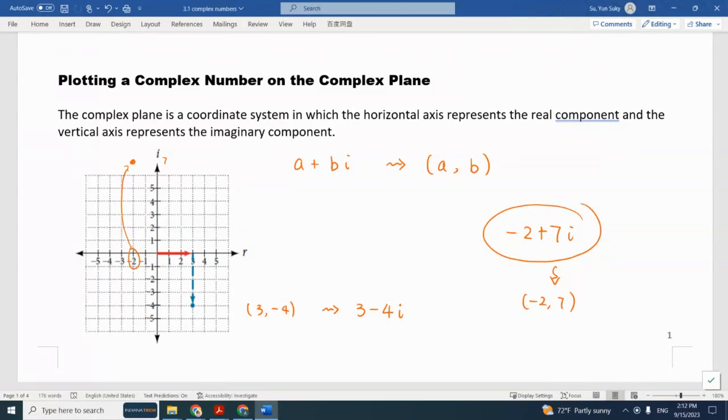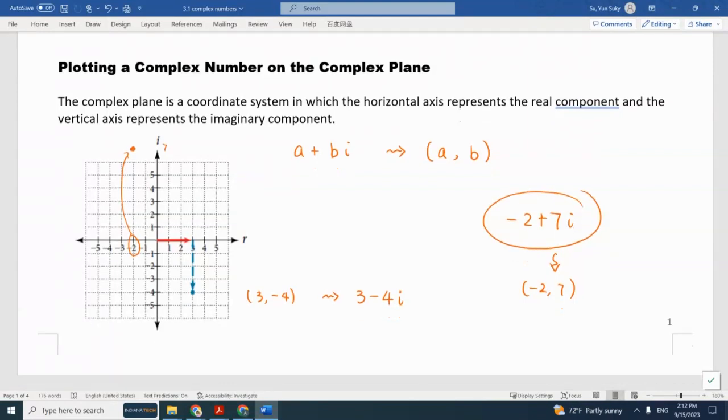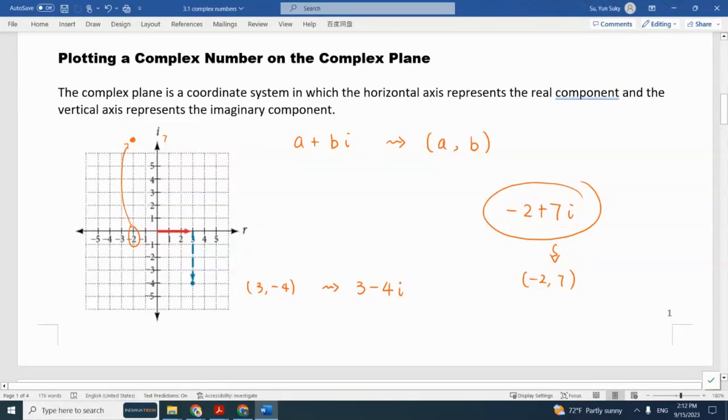So this is the complex plane. That's why sometimes people say it looks like R2, because you can find a one-to-one correspondence between a complex number and the ordered pair in R2.